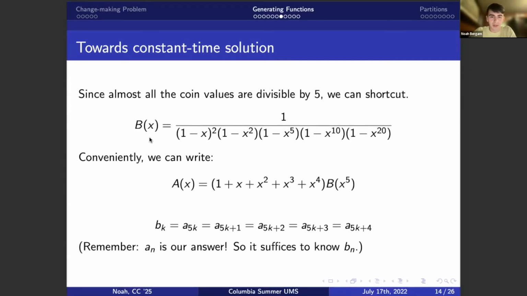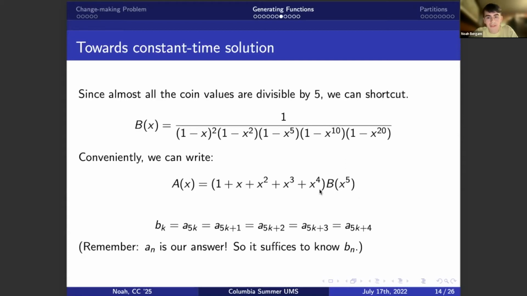Coming up with b of x is perhaps not an easy feat. This is one of those moments in math where that step was not very visible, perhaps, but it's a step we can take. And what this step allows us to do is write a of x in this expression, where we have this finite polynomial times b of x to the fifth.